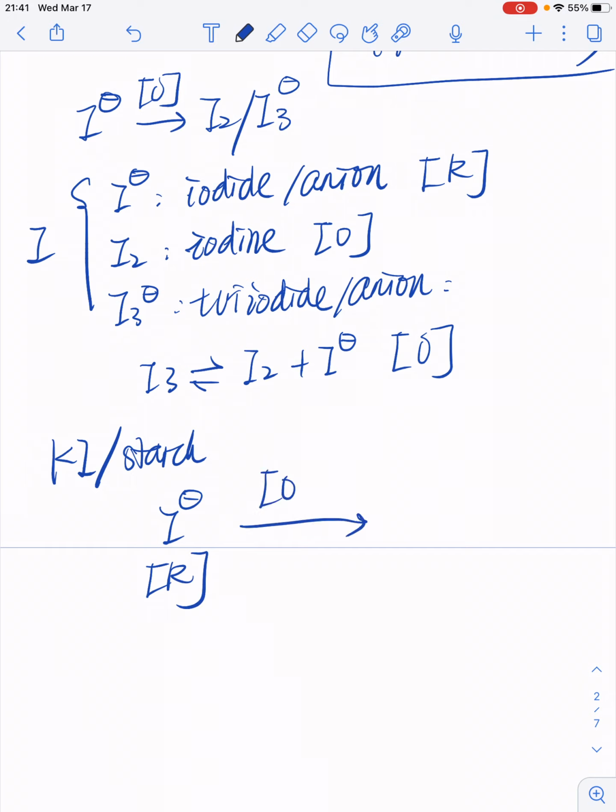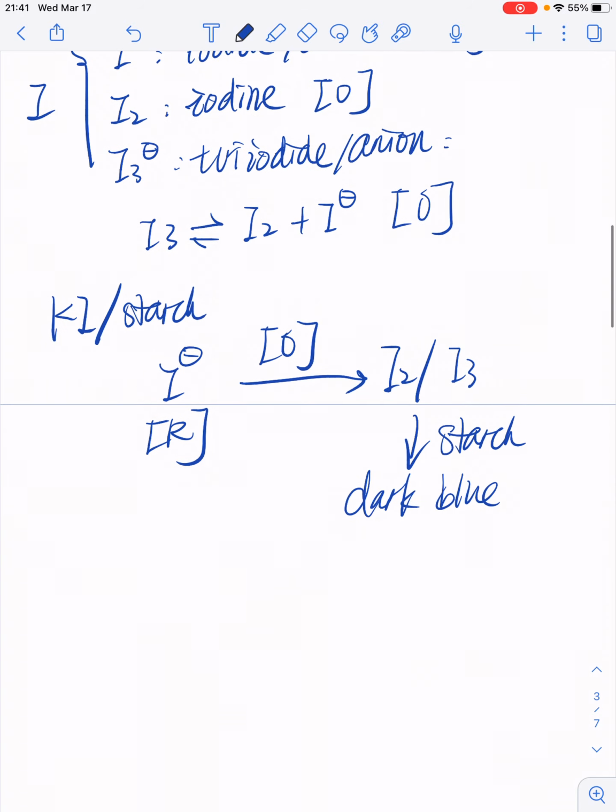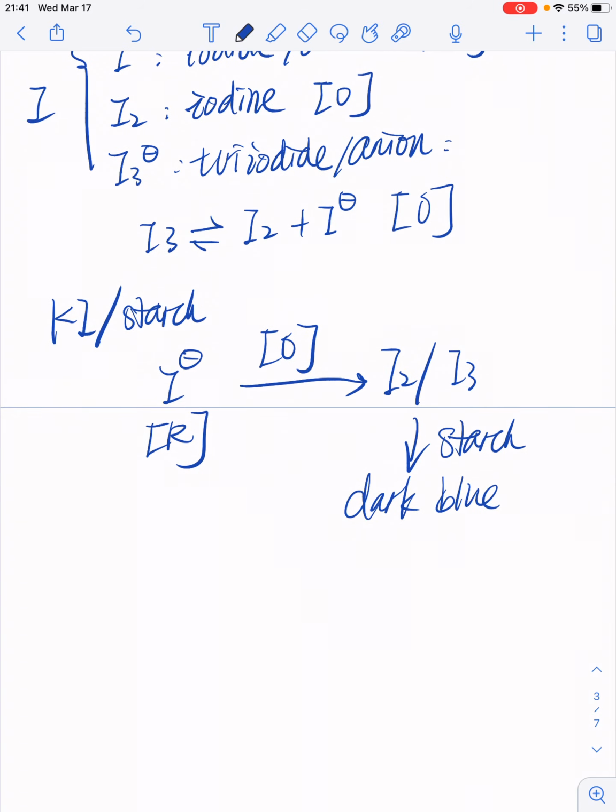After it's oxidized by an oxidizing reagent, it's going to change to either the molecule or triiodide. That is going to make starch change to a dark blue color. So starch will only change color if you have an oxidizing reagent in your solution. It's an indicator of the presence of oxidizing reagent.